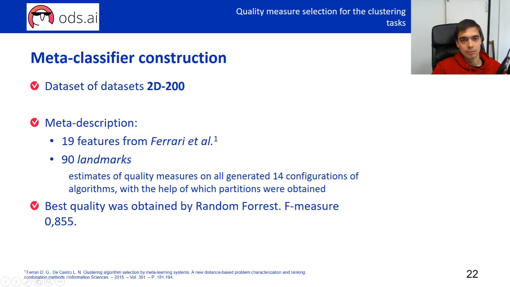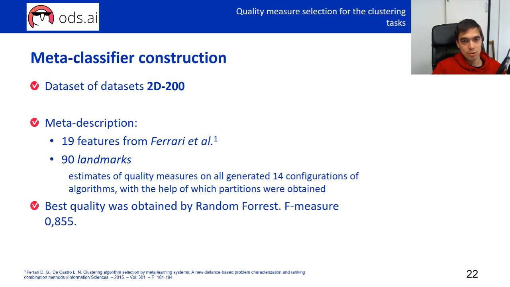So what have we done? How did we build the meta classifier? The training set for the meta classifier was built on the dataset of datasets, 2D200. The meta feature description consists of 19 statistical meta features described in the research made by Ferrari, and 90 landmarks proposed by myself that estimate the quality measures on all generated 14 configurations of algorithms, with the help of which the partitions were obtained.